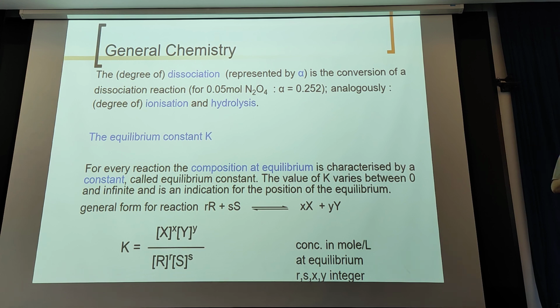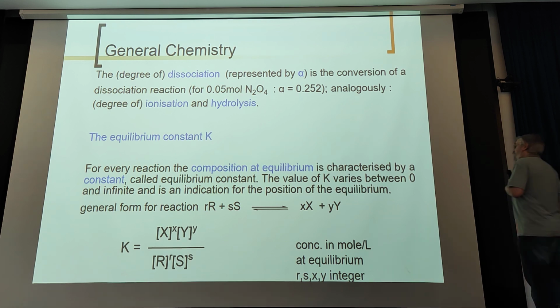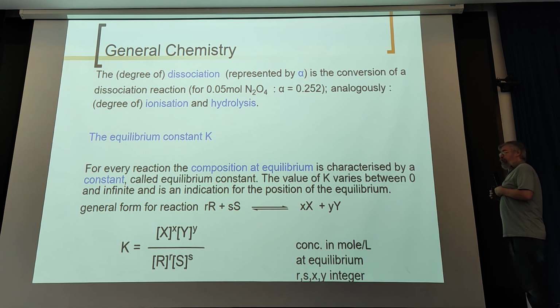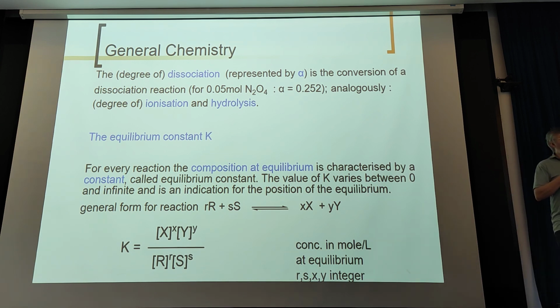But sometimes there are 2, and there are 3, and so on. If reagents or products have such coefficients, then we have to square it or cube it in our equilibrium constant. The concentrations are expressed in mole per liter, so in molarities. And these are the concentrations at equilibrium. So we have to make sure that the reaction got the time to reach the equilibrium. In that case, we can determine K from the measured concentrations at equilibrium.